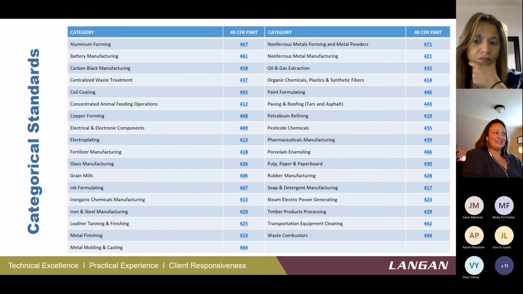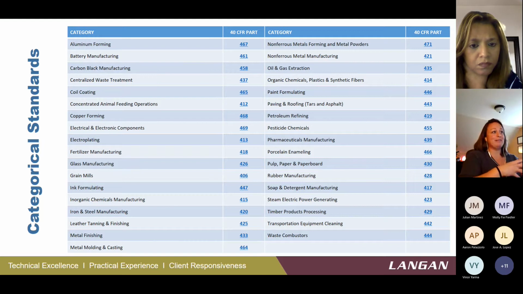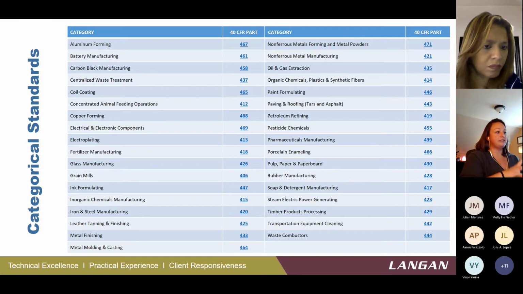So that brings us to the categorical standards. I mentioned these in the beginning. What happens is you have a process, and depending on what that process is, it may fall into one of these buckets. If it does fall into one of these buckets, then additional or specific requirements apply to your permit.